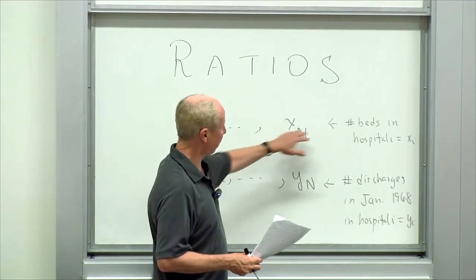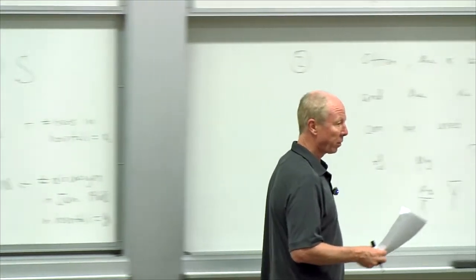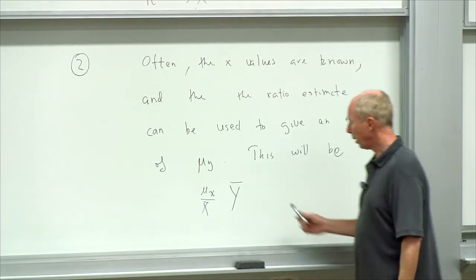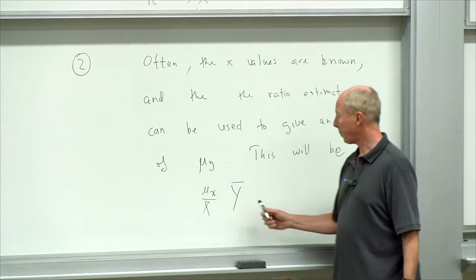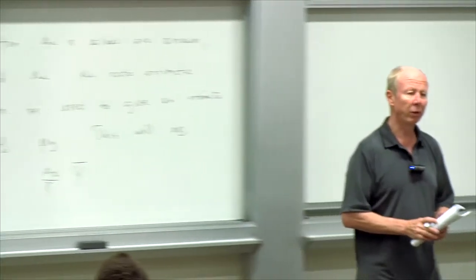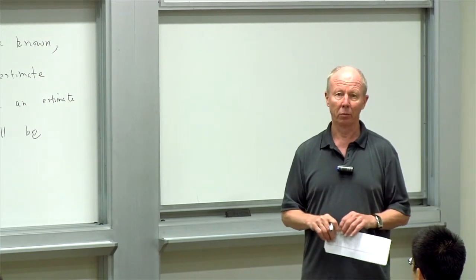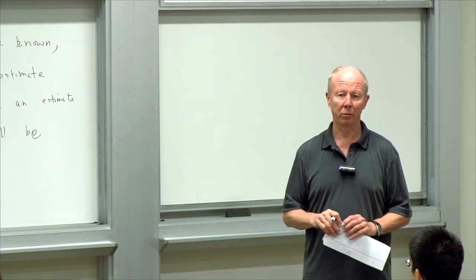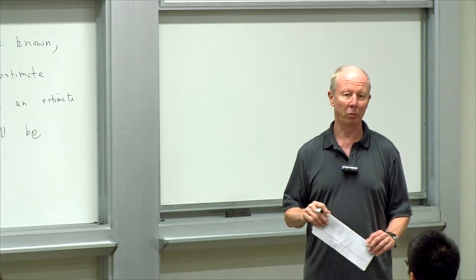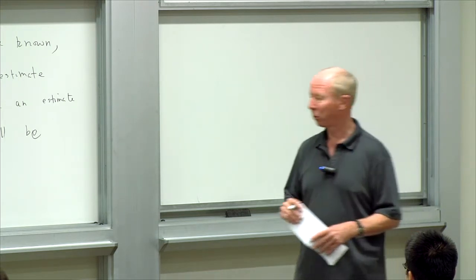So you might know the number of beds, but you want an estimate of how many people are being discharged in a given month. You use this because there's some sort of positive relationship between number of beds and number of discharges. The more beds a hospital has, the more occupants, the more people will be discharged. So there's a positive correlation between the two.